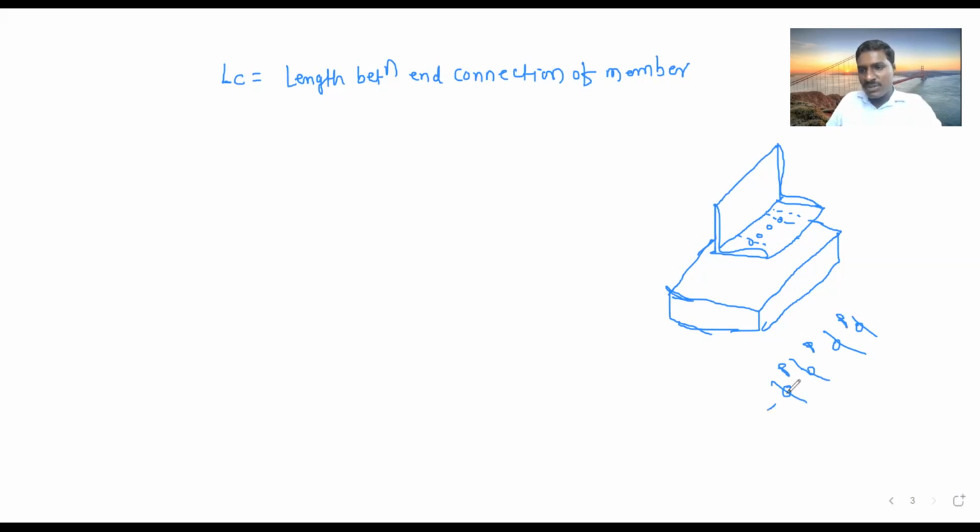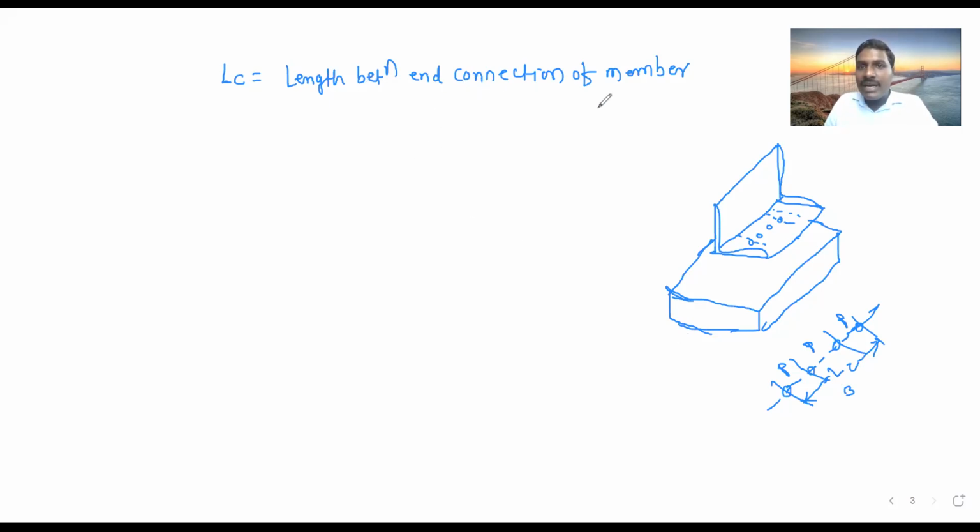If these 4 bolts are there, here how many pitches are there? 3 pitches are there. So see, LC is nothing but what? What have I shown here, what is LC? What sentence have I written?